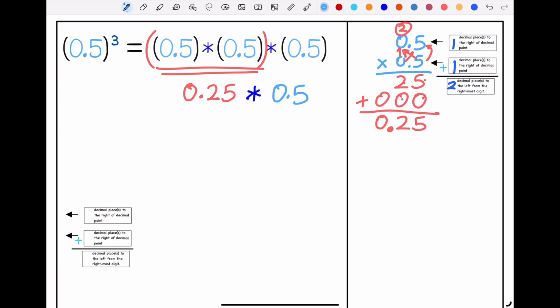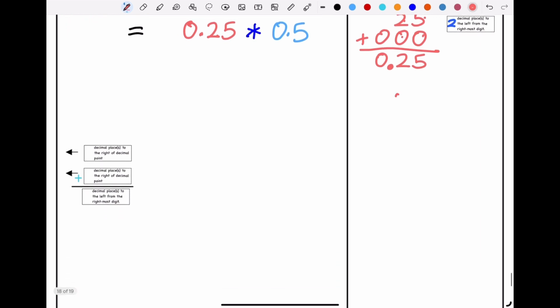So we have to multiply 0.25 times 0.5 to finish the problem. So let's do that over here. So this is 0.25, and let me move that over here, times 0.5.